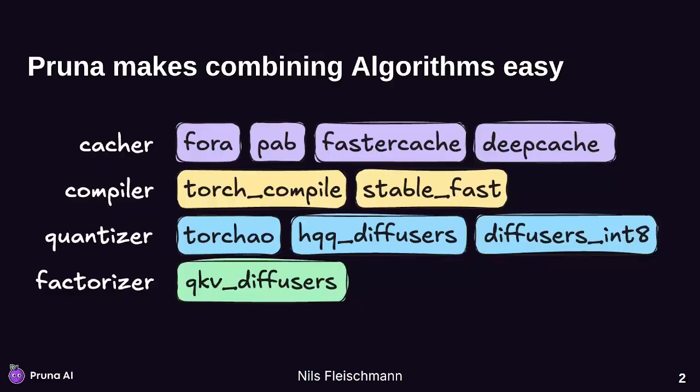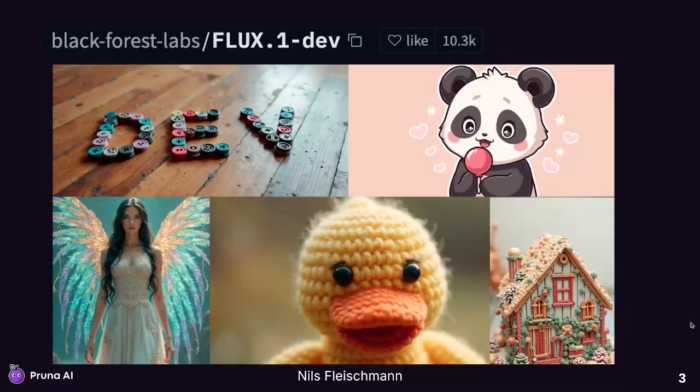So to make it a bit more concrete, I think it makes most sense to select one model that we want to make as fast as possible in this talk. And as the model, I selected FluxDev, which you see in the next slide. It's a pretty obvious choice because I think it's the second most liked model on Hugging Face.